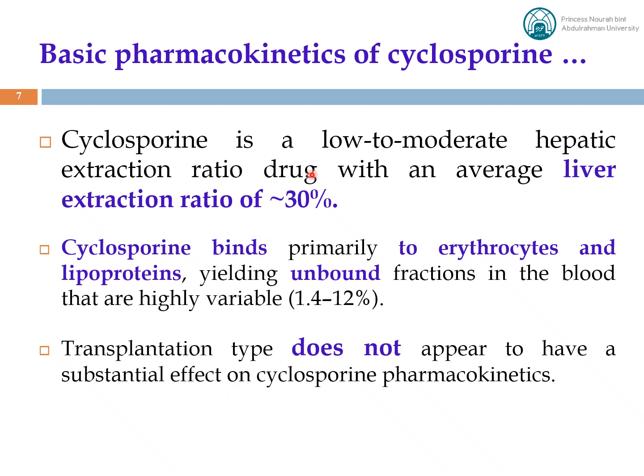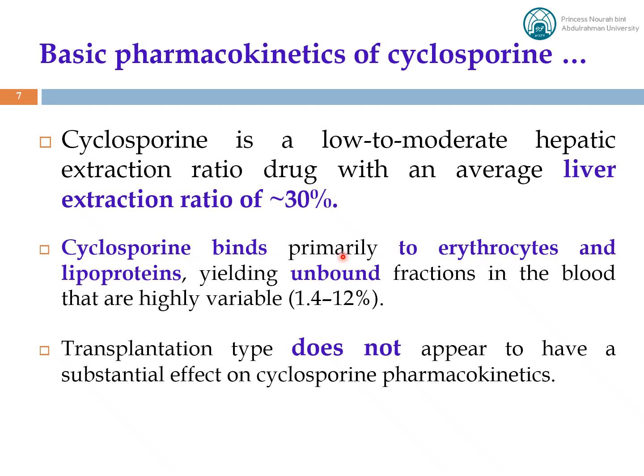Cyclosporin is a low to moderate hepatic extraction ratio drug, with an average liver extraction ratio of around 0.3 or 30%. The cyclosporin binds primarily to erythrocytes and lipoprotein.